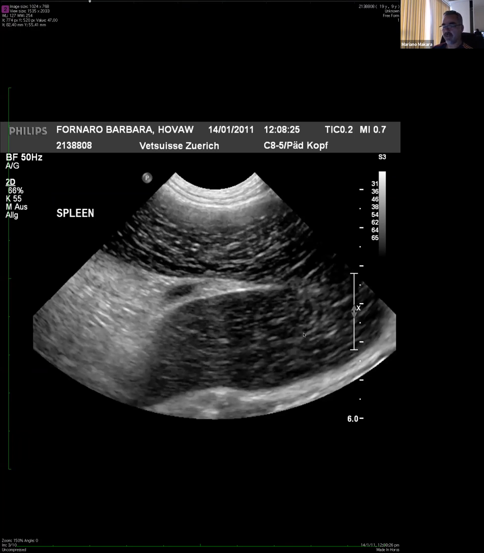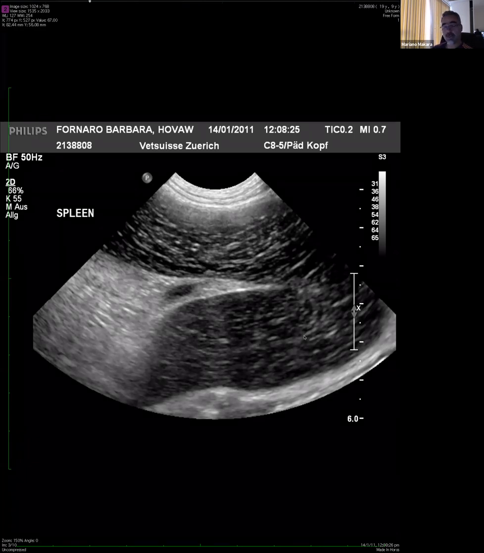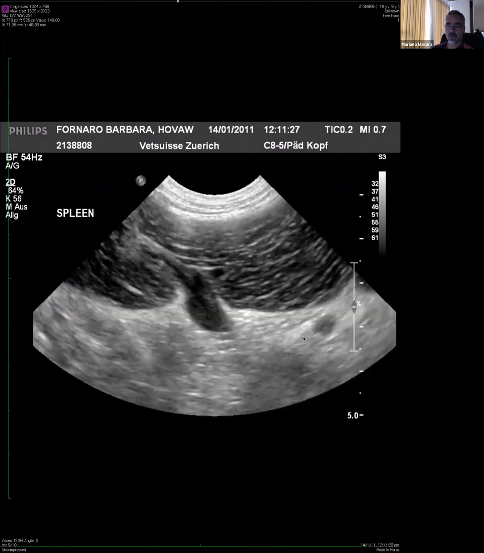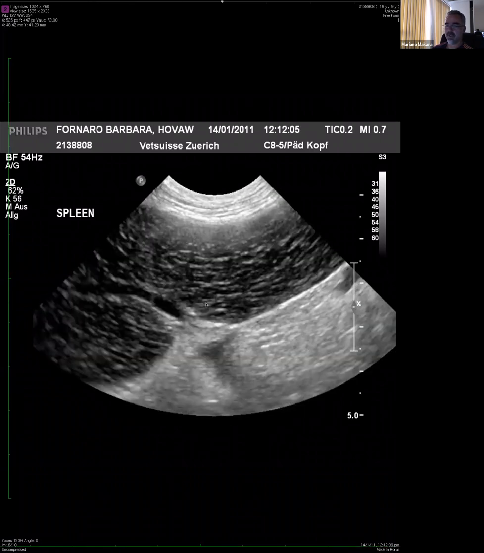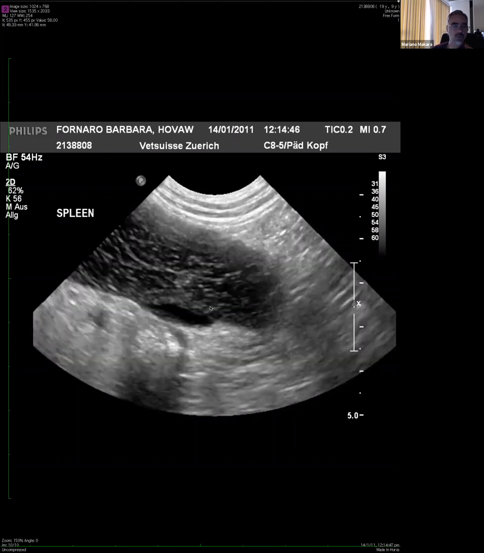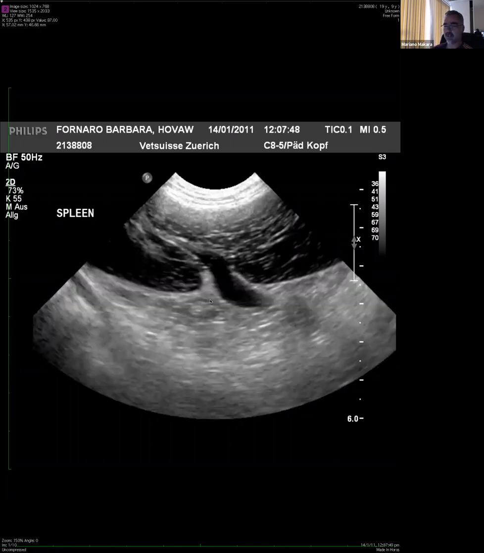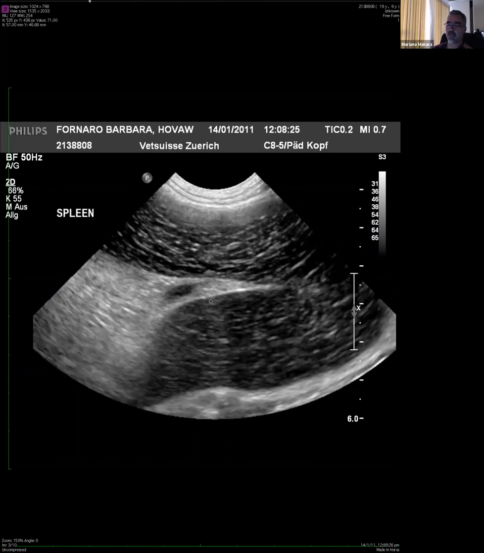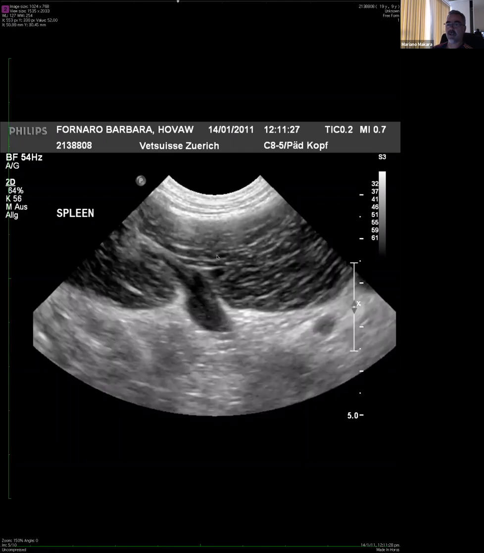See, there's no mass effect. The echo texture looks coarse, but there are no focal lesions, and there's no fluid around, and there wasn't any flow in the vein. So it has all the features that we need to make a call about a splenic torsion. So this is a very cool teaching case. Every feature that we need is there.